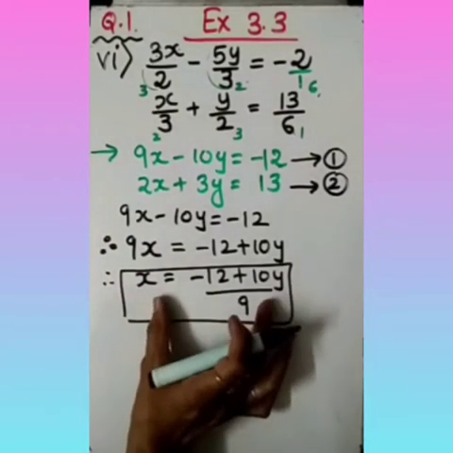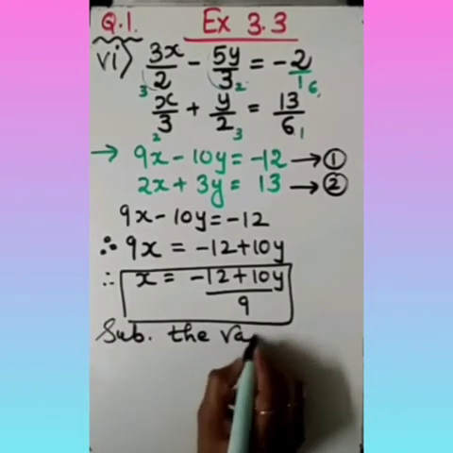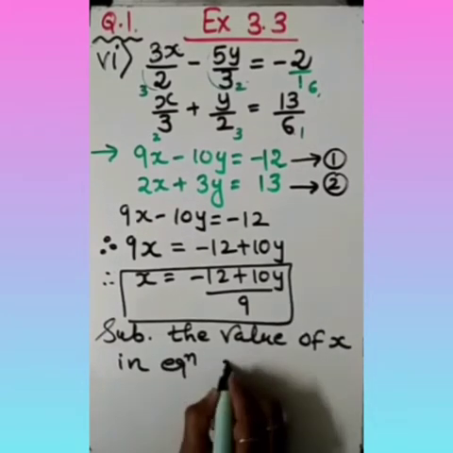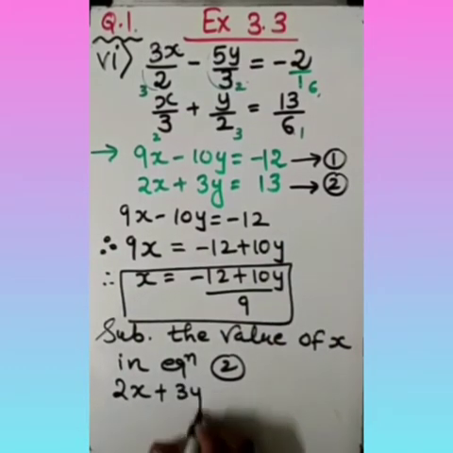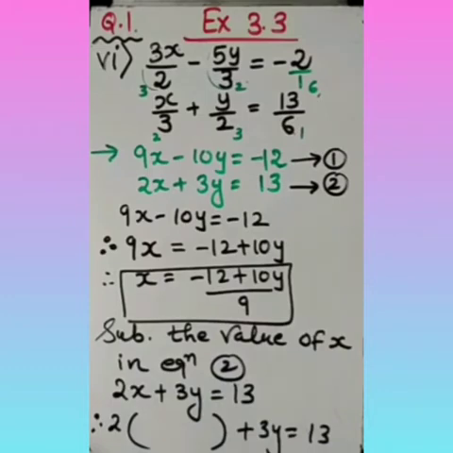Now this value of x I am substituting in equation number 2. So what do we have here? 2x plus 3y equal to 30. This is the equation already. Therefore, in place of x, I am writing the value. What is the value of x here? You can see that it is minus 12 plus 10y upon 9.